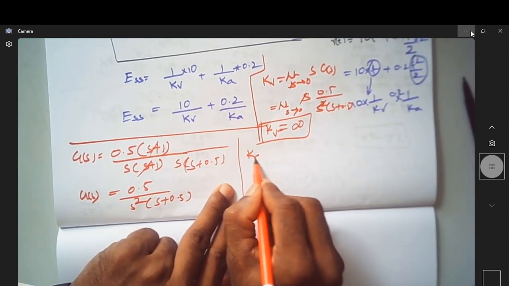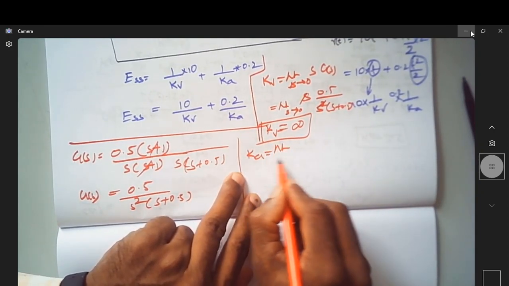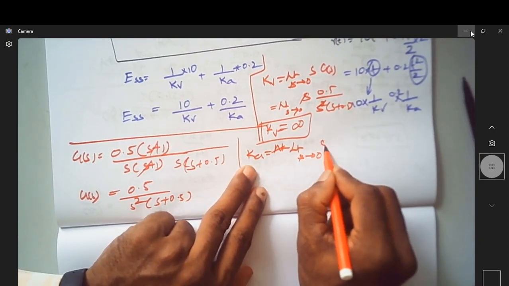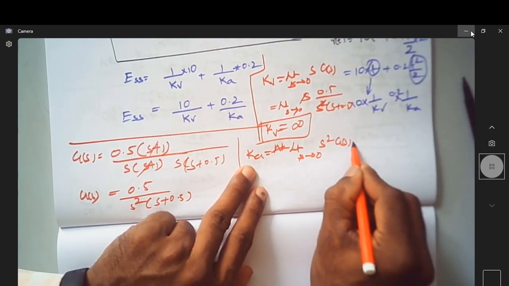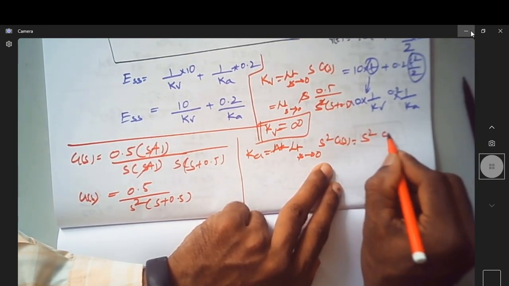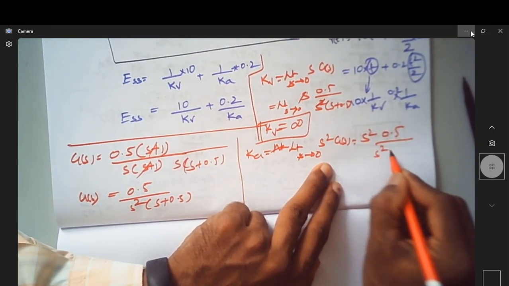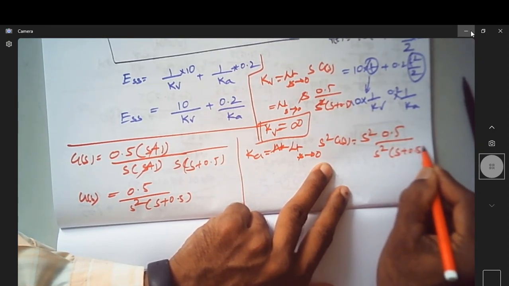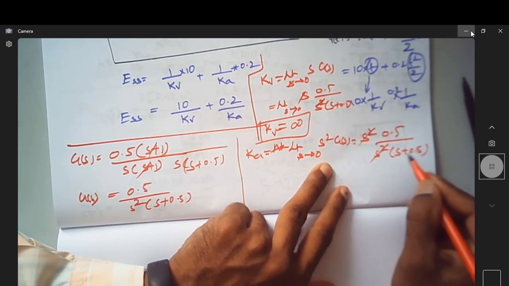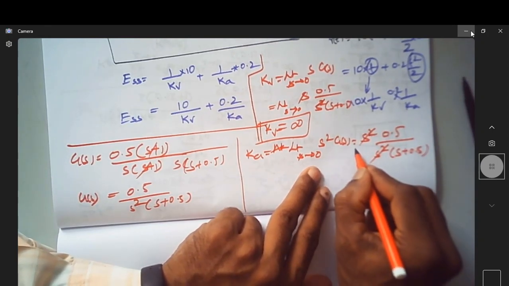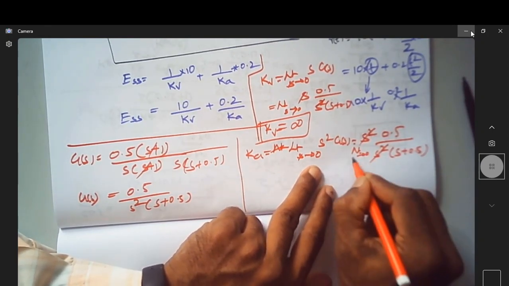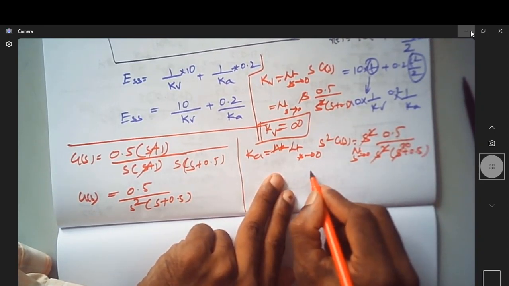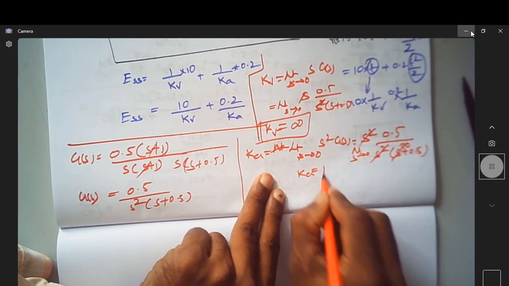What is Ka now? It is the limit of s tending to 0 of s square into G(s). So it is s square into 0.5 over s square into (s plus 0.5). This s square will go with this. When you apply the limit of s tending to 0, this will also go to 0. So this is now 0.5 by 0.5. Then Ka is 1.